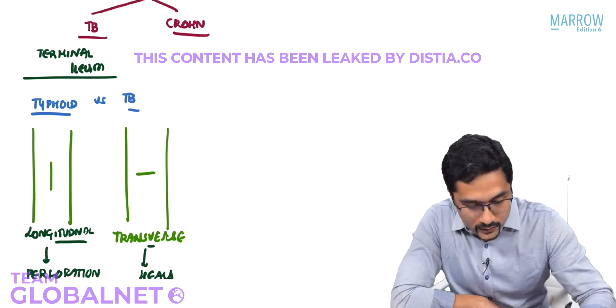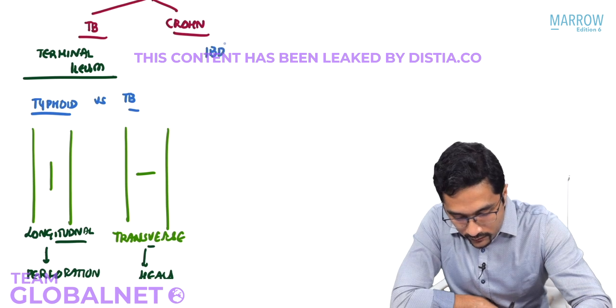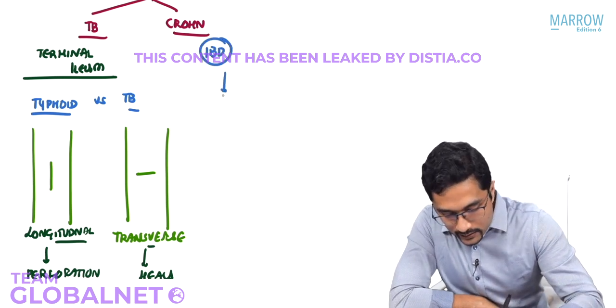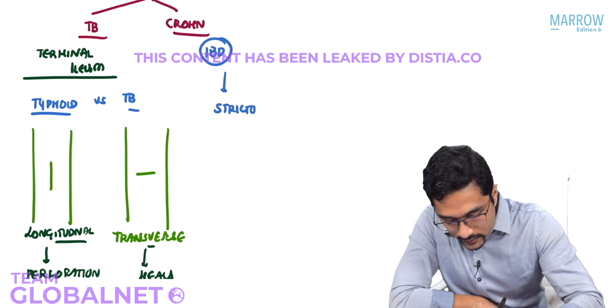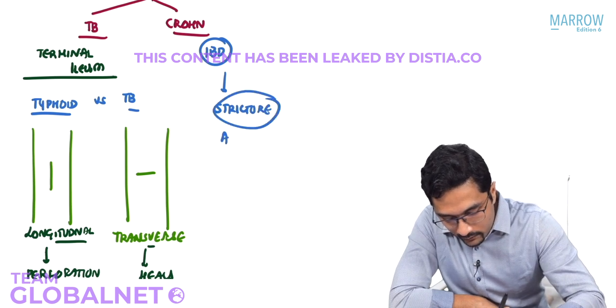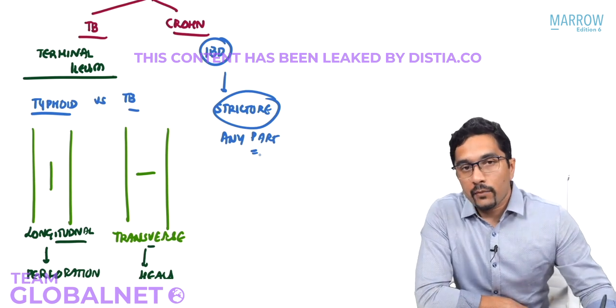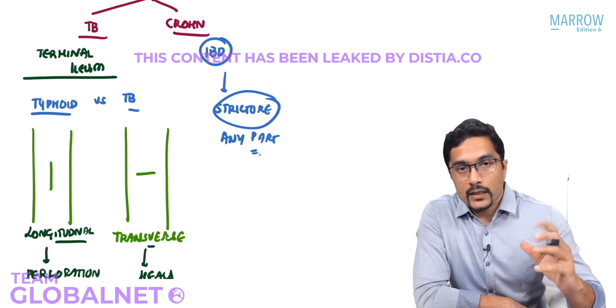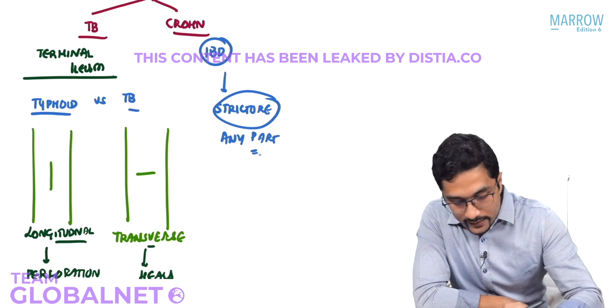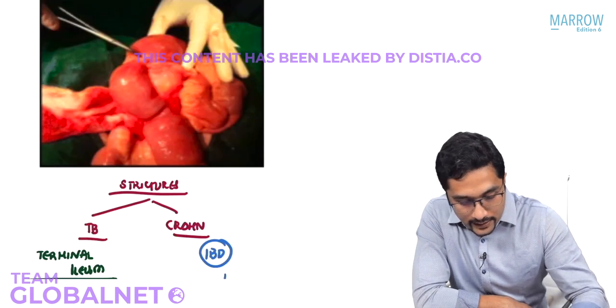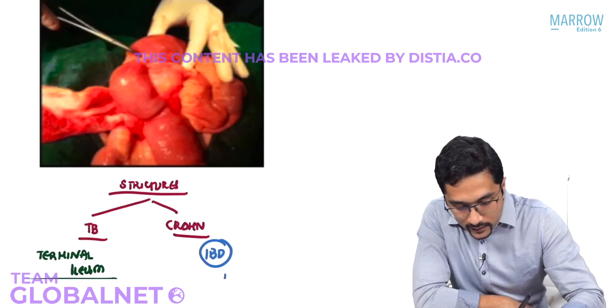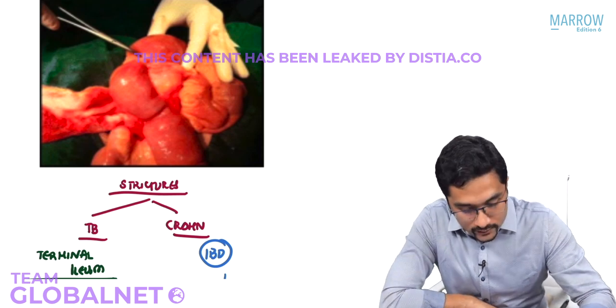Crohn's disease also, it is an inflammatory bowel disease which I have covered in detail, and you can get a stricture here, and here the stricture can be in any part of the bowel. Right, so these are the two conditions. A patient with a stricture, where there is a narrowing, you can see here there is a narrowing or a stricture here, will come with features of obstruction.